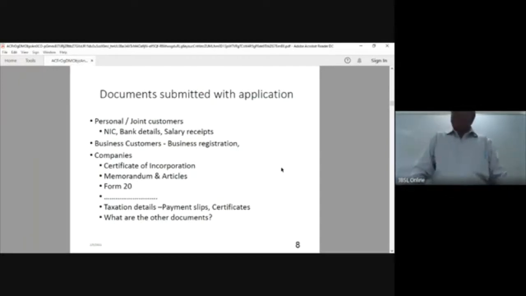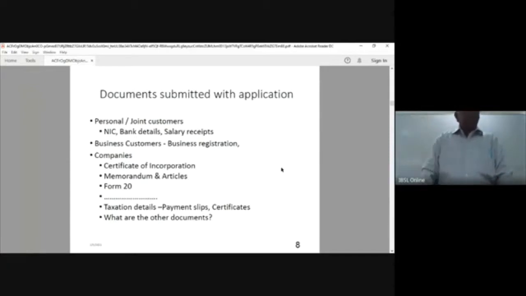And what are the other documents? Anyone? In the case of companies, what other documents will they give? One, of course, is the board resolution. Then they have to give their business plan or project report. Then form number 1, that is the original directors, shareholders and secretaries. Maybe they would have given that at the time of opening the account.